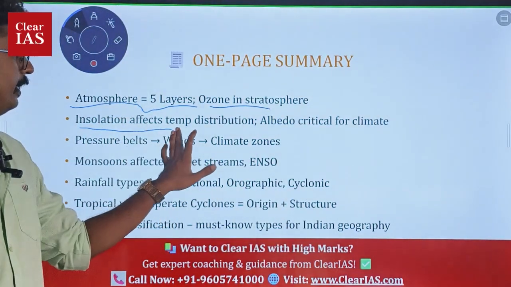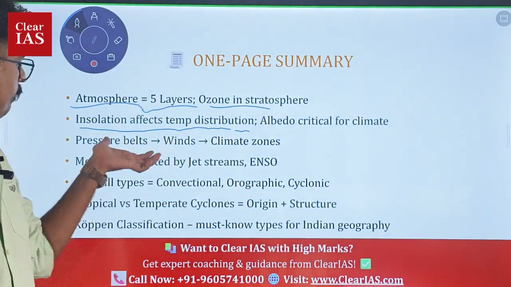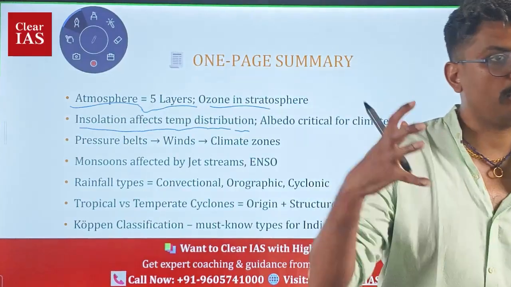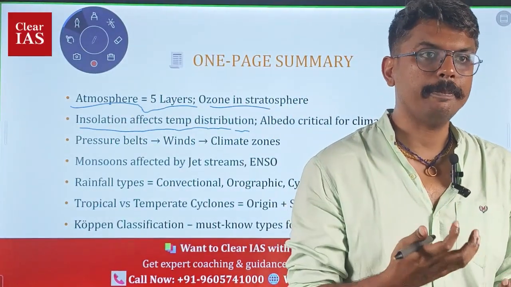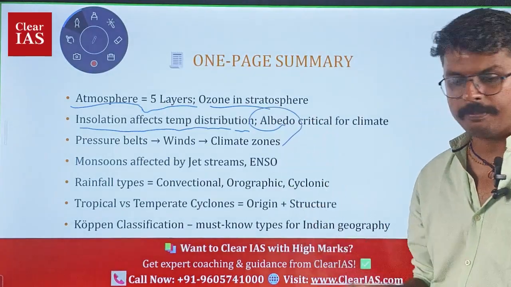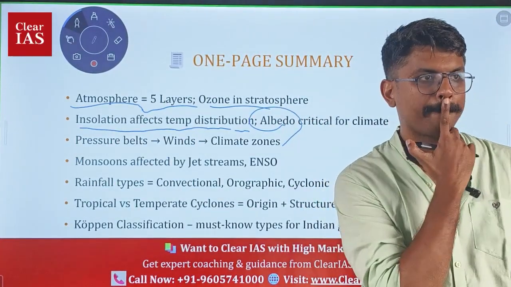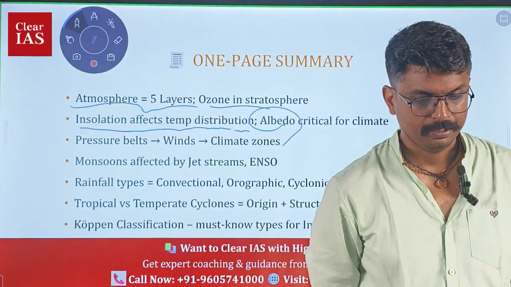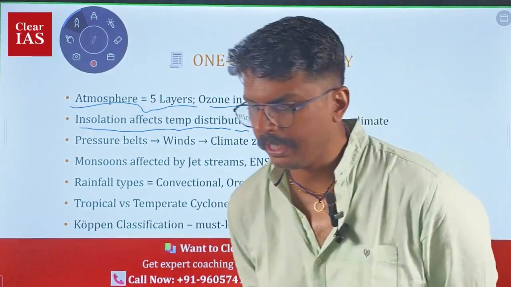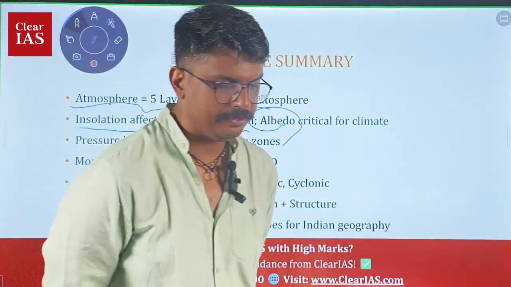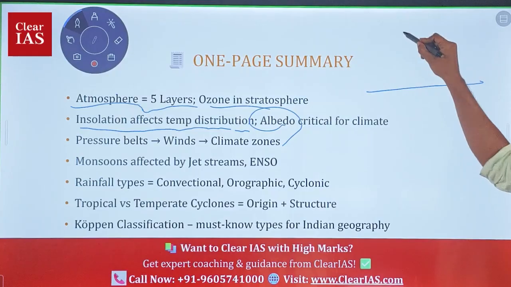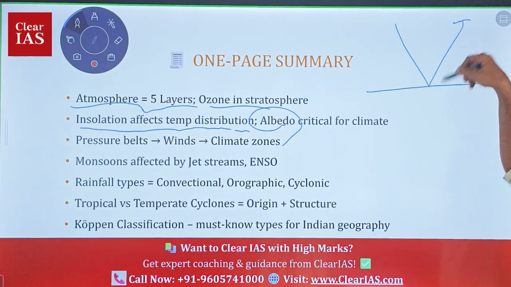Insolation affects temperature distribution. We understood how different areas of the earth get different amounts of sunlight, and that is why the temperatures there are different. And we studied albedo. What do you understand by albedo, friends? No problem, I'm not testing you, I'm just trying to get you motivated. Albedo means the capacity of a surface to reflect sunlight.